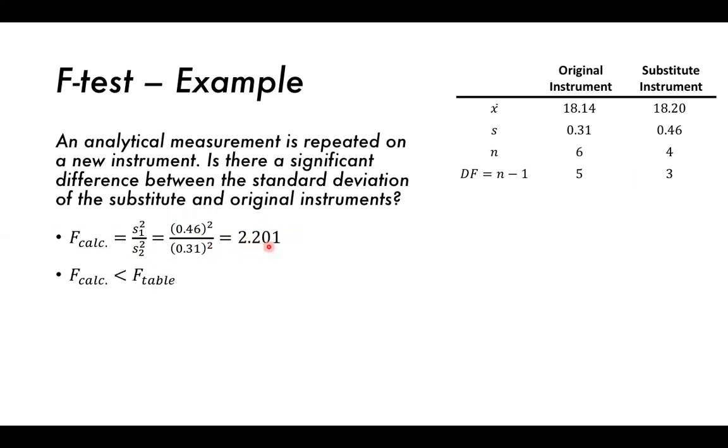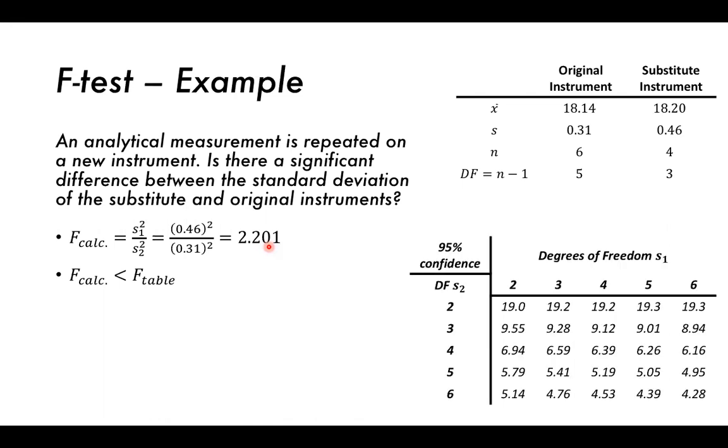Then we can compare that to the table values. Here are some table values relevant to our system. We have the degrees of freedom for the first standard deviation and the degrees of freedom for the second standard deviation, which is the smaller standard deviation. This is at a 95% confidence level.